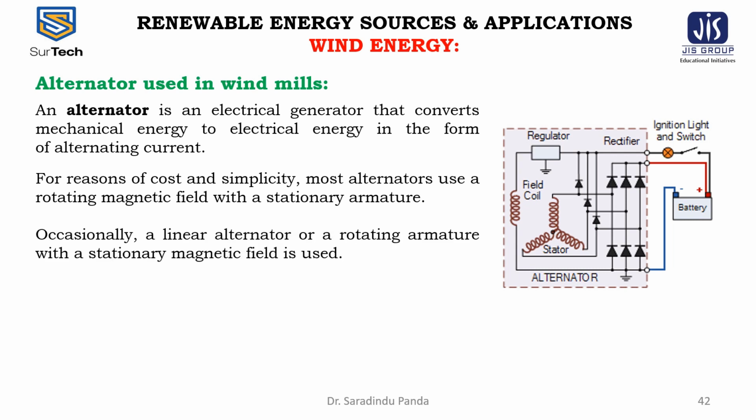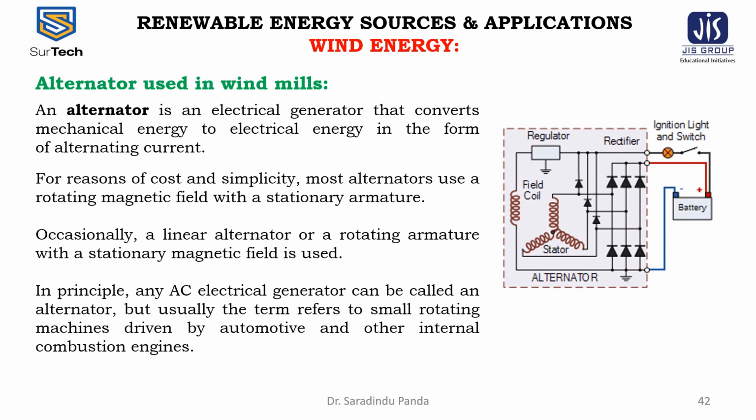Occasionally, a linear alternator or a rotating armature with a stationary magnetic field is used. In principle, any AC electrical generator can be called an alternator, but usually the term refers to small rotating machines driven by automotive and other internal combustion engines.